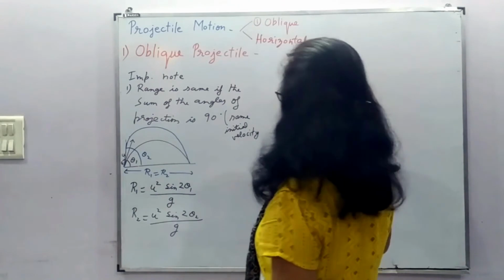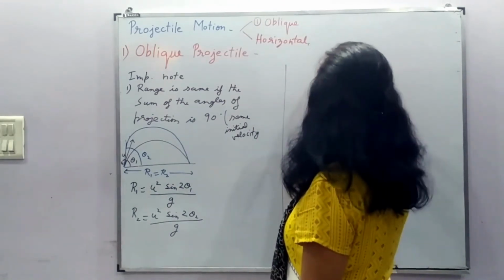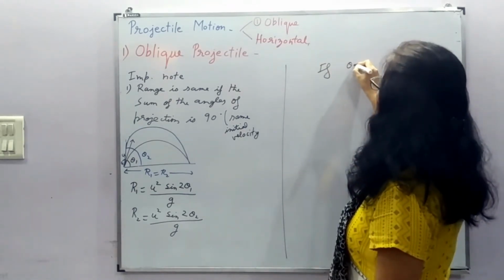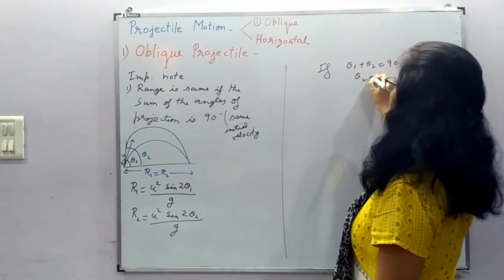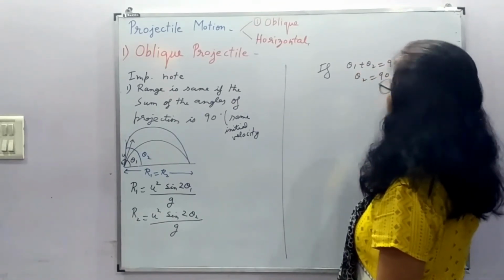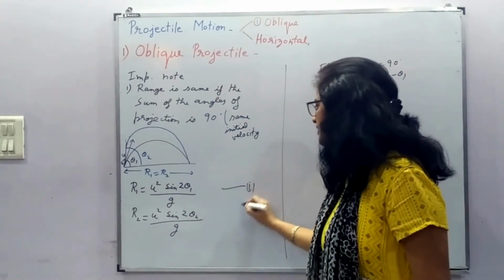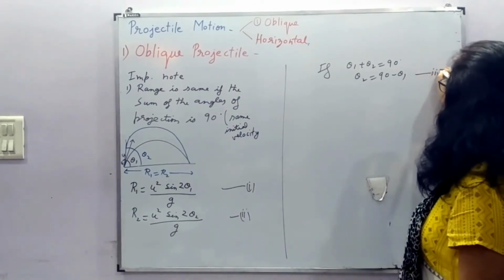And I told you that if theta 1 plus theta 2 is 90 degree, then theta 2 will be 90 minus theta 1. Yes? So I can write this as equation 1, this as equation 2, and this as third.